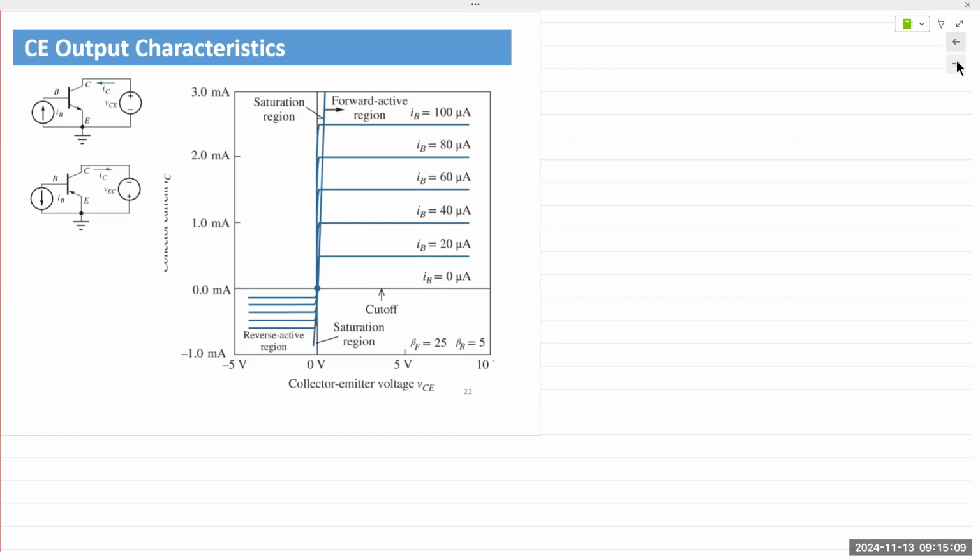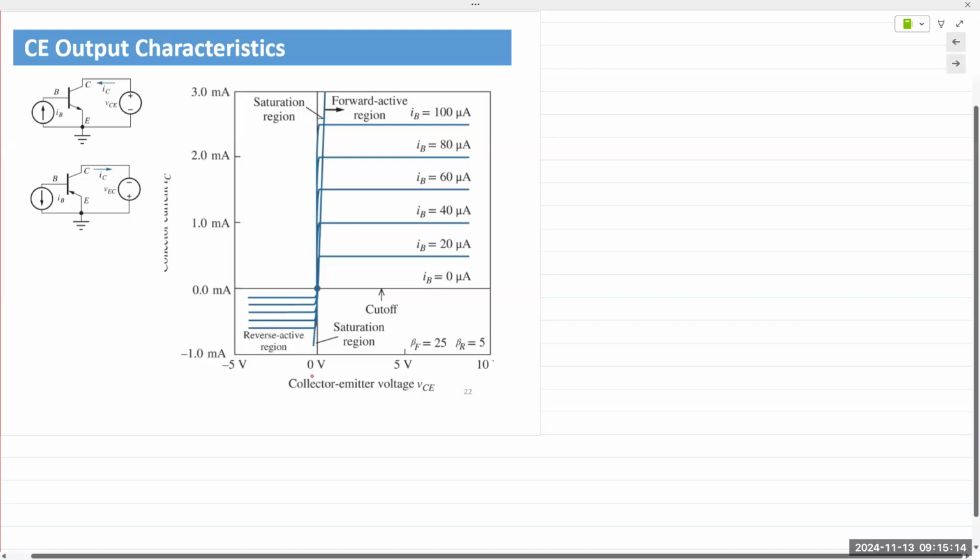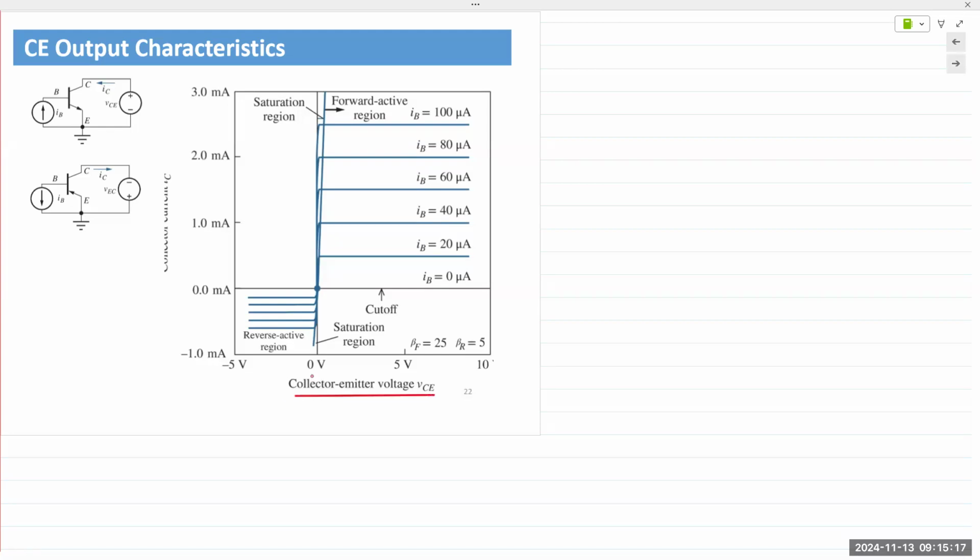In a BJT, collector is where we usually take the output. So when we talk about output characteristics for a BJT, we are stating that it's a plot of the collector current IC as a function of the collector to emitter voltage VCE. So it's collector current as a function of the collector voltage.